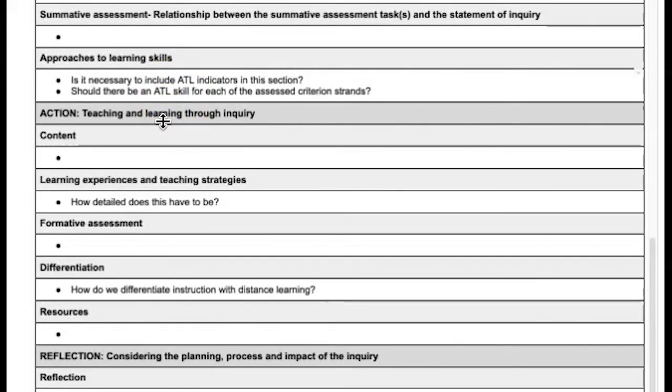There does not have to be. You know where your students are at and what criterion strands they need to be supported in ATL skills. So again, it would depend how many criteria and criteria strands you're assessing and what your students need. So there's no requirement that there needs to be an ATL skill identified for each assessed criterion strand.